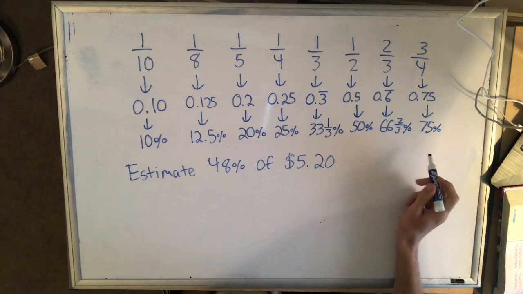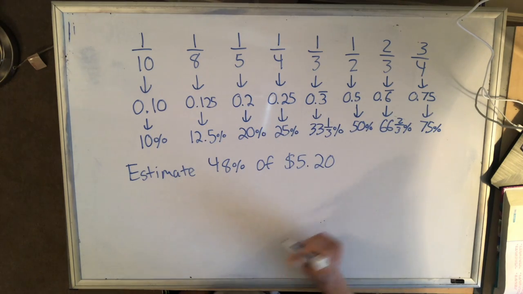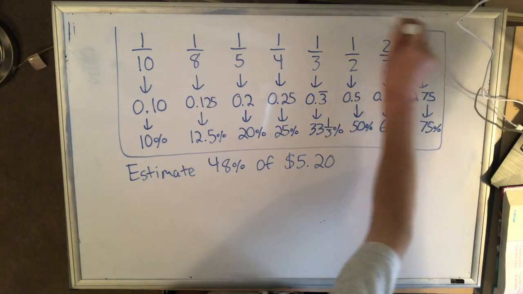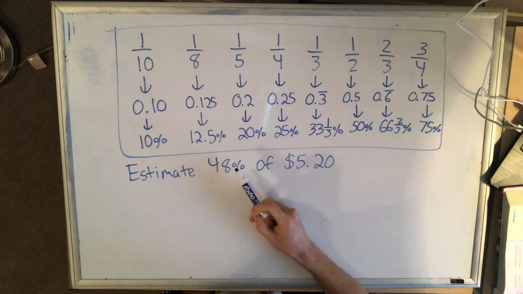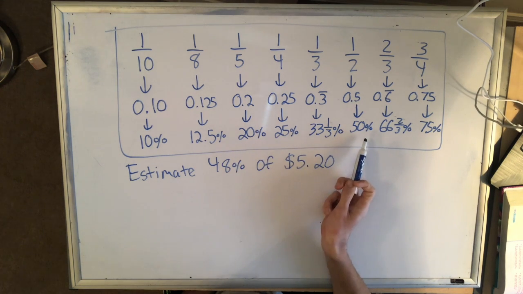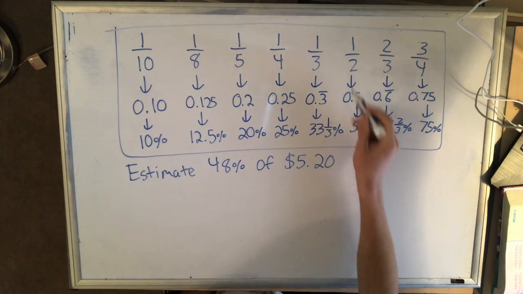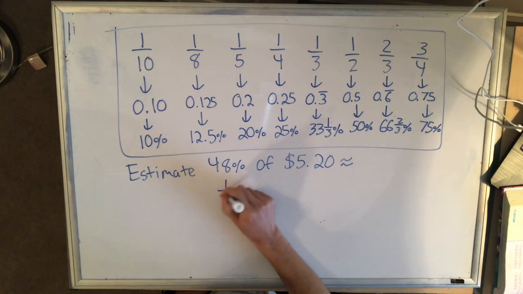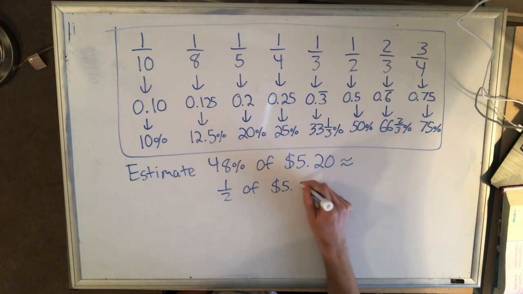If you look at the bottom of the table, 48% is the closest to 50% of all those percents at the bottom of the table. And 50% is 1/2. So this is approximately 1/2 of $5.20.